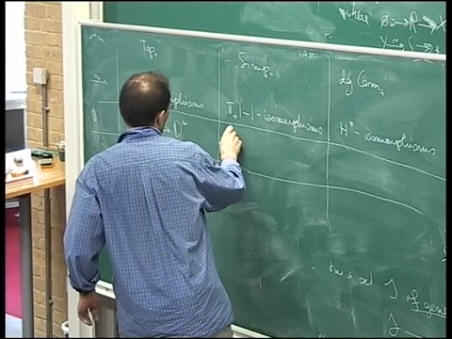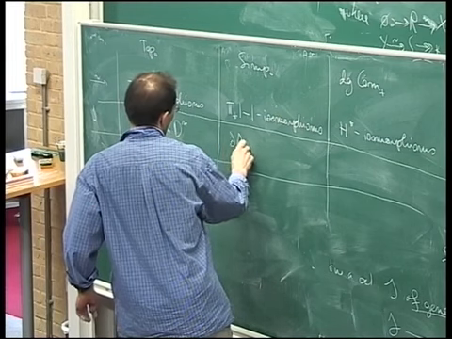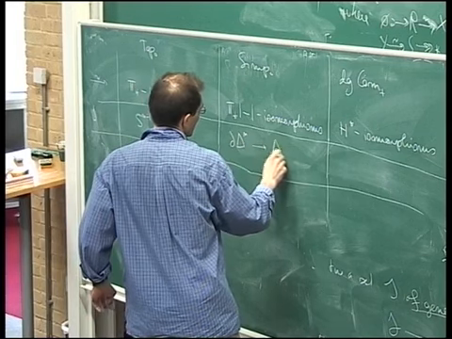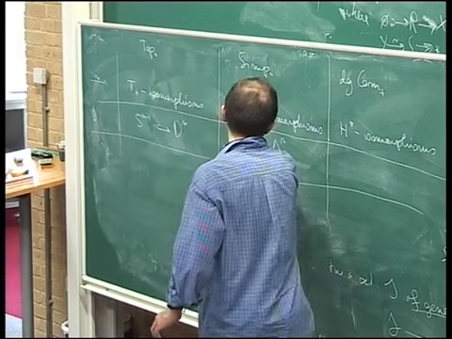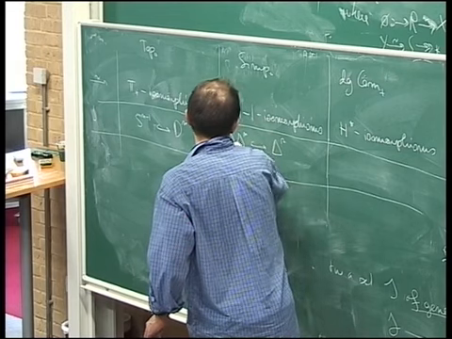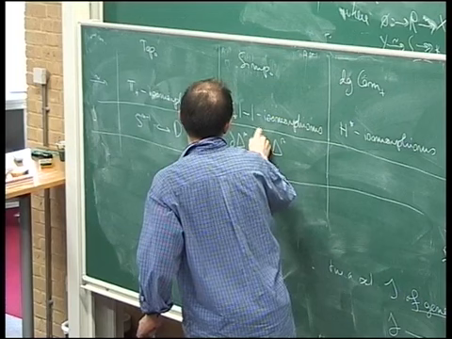In the case of simplicial sets, I take the boundary of the simplex, the simplicial model of the n-simplex, the embedding of the boundary of the n-simplex into delta n.